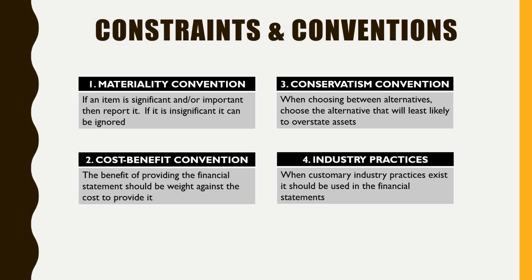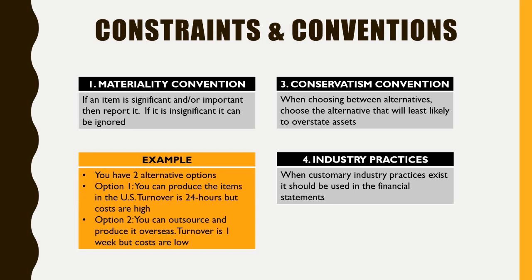So a great example of this is when you have two alternatives. Okay, let's say for instance you are a t-shirt company. Option one is you can produce the shirts in the United States, but of course the cost of it is going to be very high. But the benefit is that you get a 24-hour turnover rate, meaning you can go pick up those shirts the next day and sell them as soon as you put them in your inventory, right?